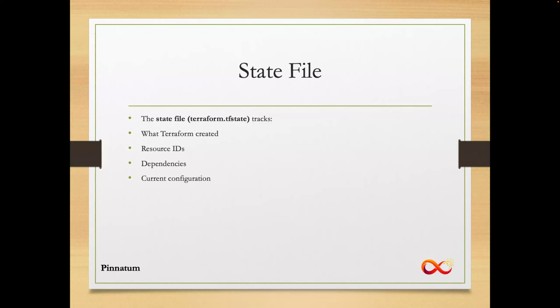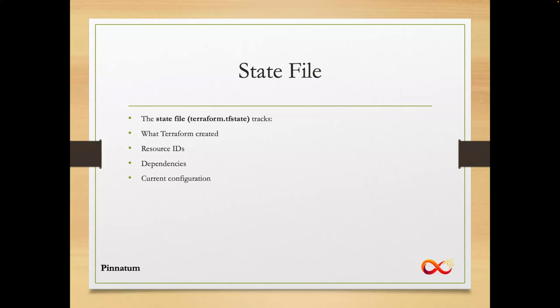So how does it identify that? It maintains a state file, nothing but a database. Once it has been executed, it has already created the resources, so that resource state is captured in the state file.